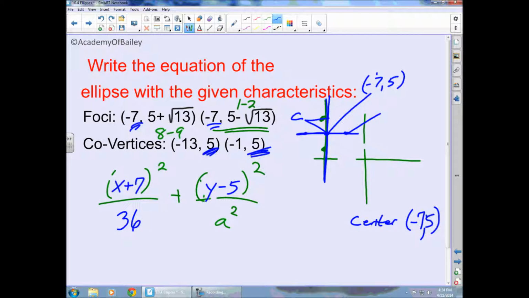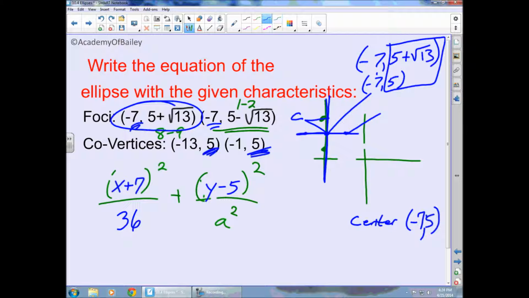For that one there, the foci then was right here. Negative 7, and then 5 plus the square root of 13. So what's the difference there? And we're talking about vertically, so that means we're only looking at the y. We're only looking at the difference in the y values, because we're going up and down, which the y values deal with.